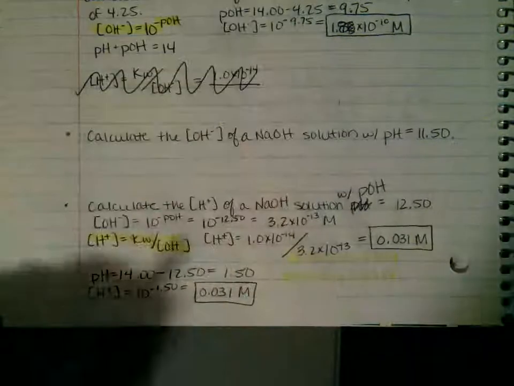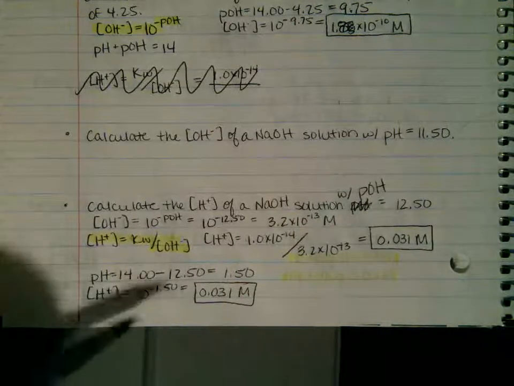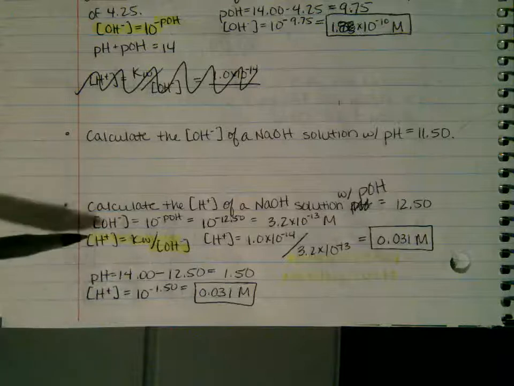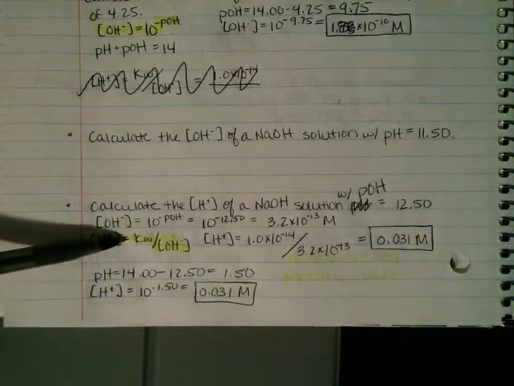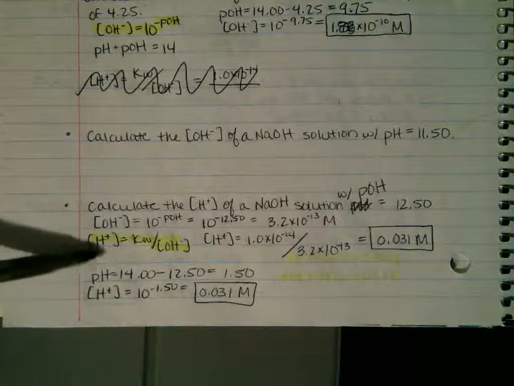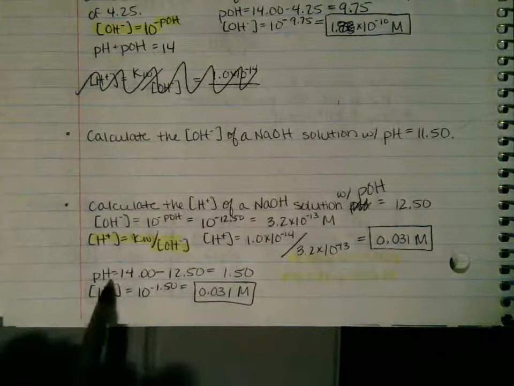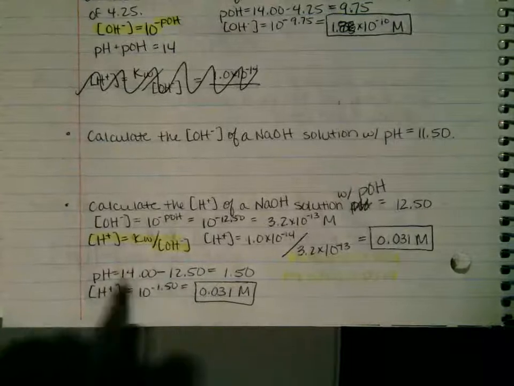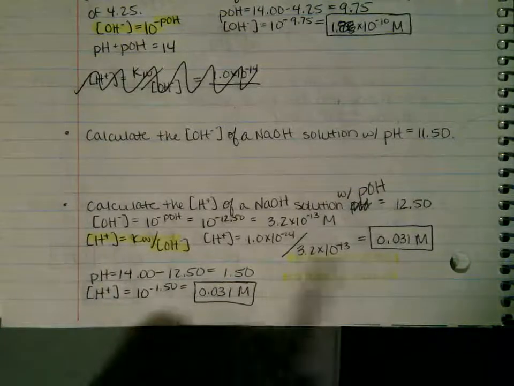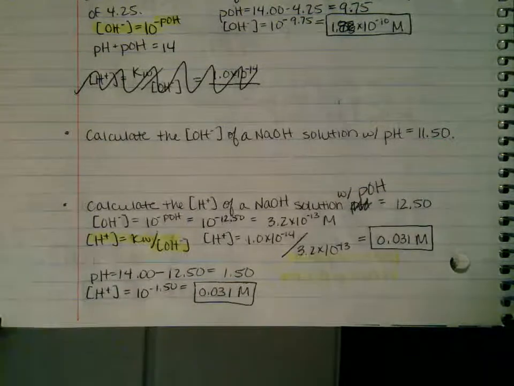You would still get 0.031 molar, okay? So you can see that this relationship is related to the properties of acids and bases, but you can also use your pH and pOH add together to 14 as well. You should get the same answer either way you look at that.